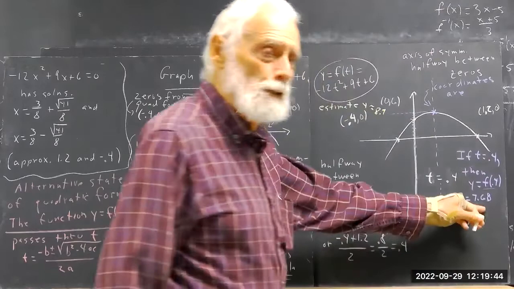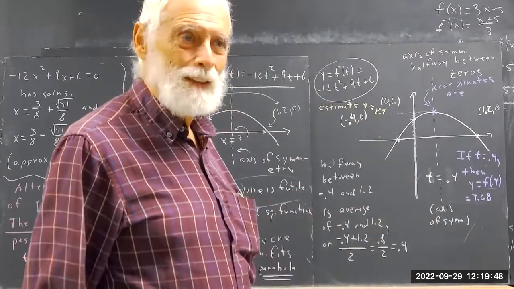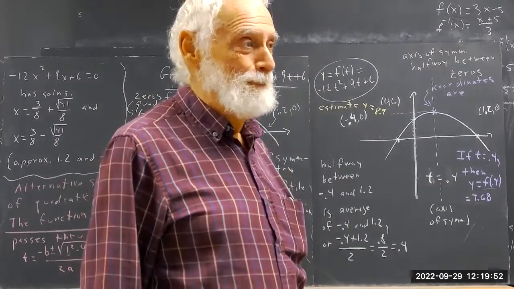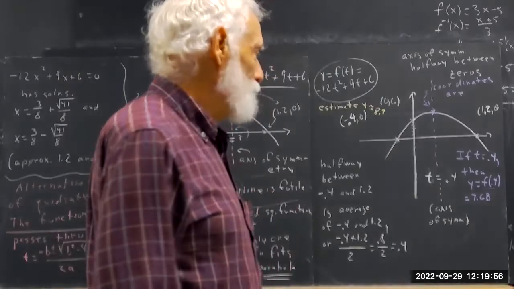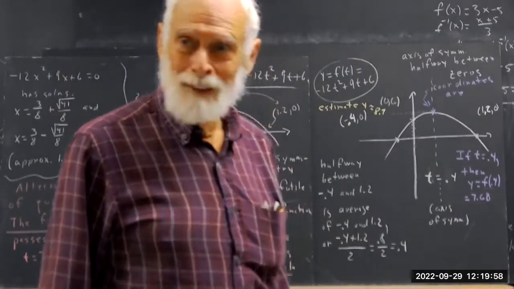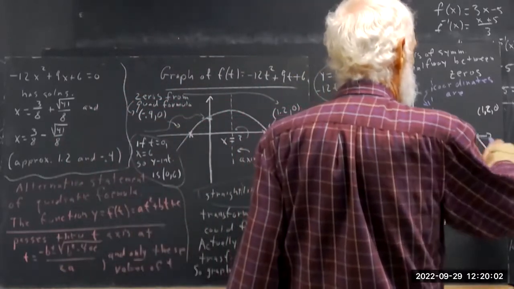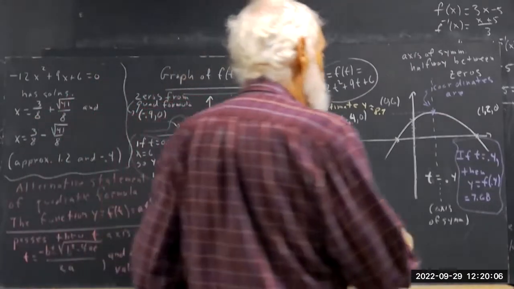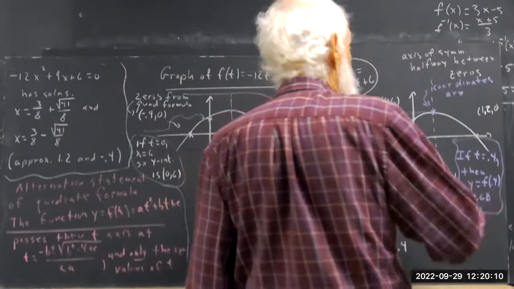And look at how much better your estimates are than mine. Everybody estimated between 7 and 8. This is almost halfway between 7 and 8. I'm going to have to start an industry and hire you people. So the coordinates are, if I did the arithmetic right, pretty close to that.